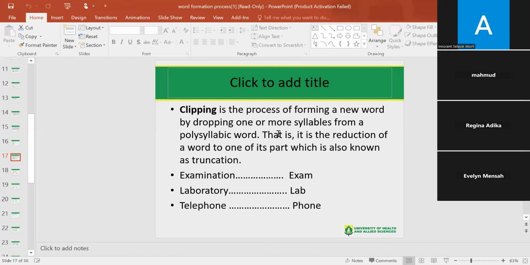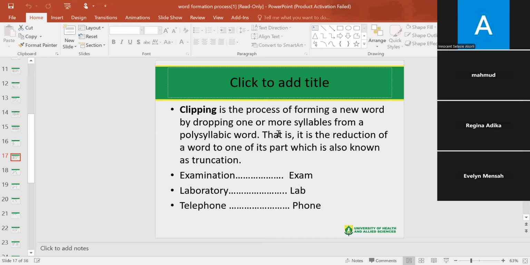And somebody will say, let's clip the branches. Clip in this case doesn't mean that you use a clip to clip it, you cut it. Even if you are going to have your hair cut, what we use to cut, we call a clipper. So clipping in this case means cutting down something.